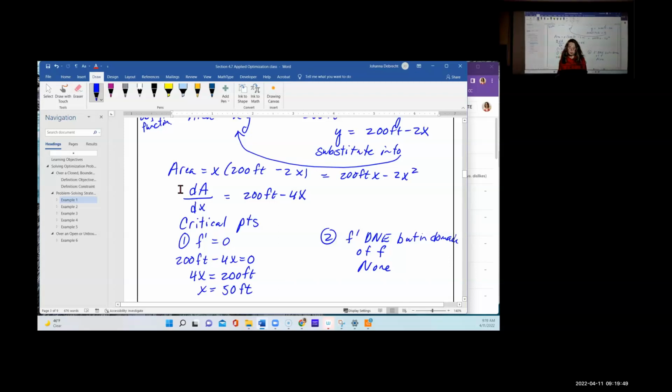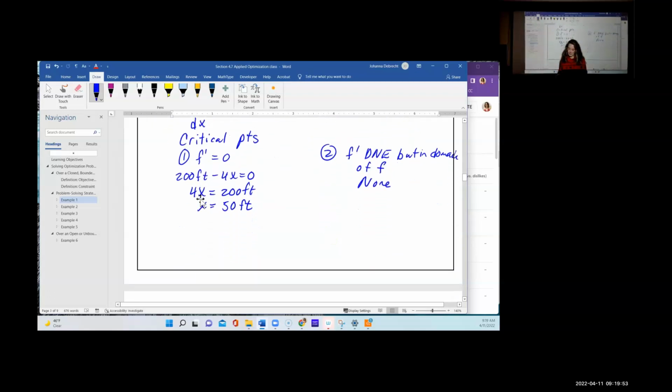Now we have a choice. We can do the first derivative test, or we can do the second derivative test. And I'm going to demonstrate doing both on this problem, and then probably we'll use the second derivative test the most often because it is shorter. So using the first derivative test, I would make a number line like this, and I would have 50 in the middle.